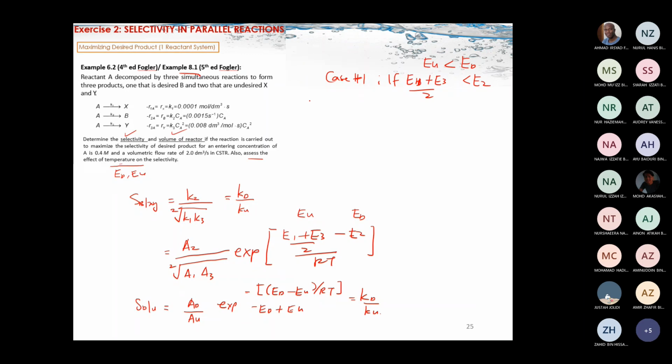Okay, so daripada sini kita kena run as high temperature as possible, with existing equipment ataupun reactor, and watch out for other side reaction. Okay, that might occur.